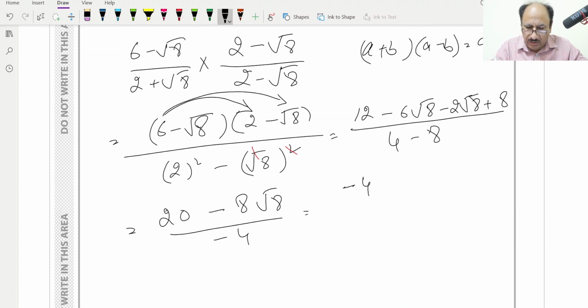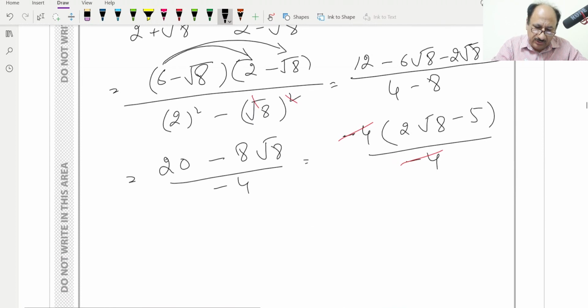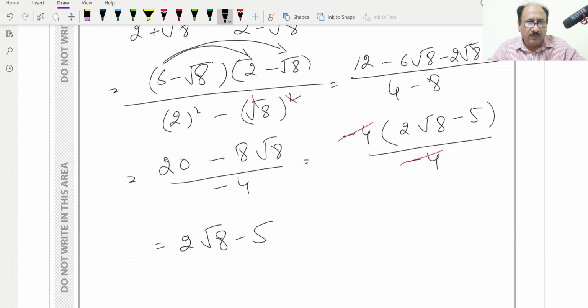If we take minus 4 common, it will be 2 under root 8 minus 5 over minus 4 over here, and now we can cancel this minus 4 with minus 4, and our final answer will be 2 under root 8 minus 5. This answer we can write in this format, or basically the required format is minus 5 plus 2 under root 8.